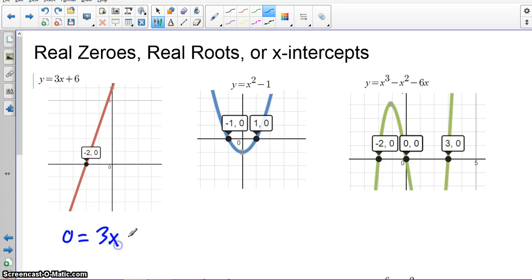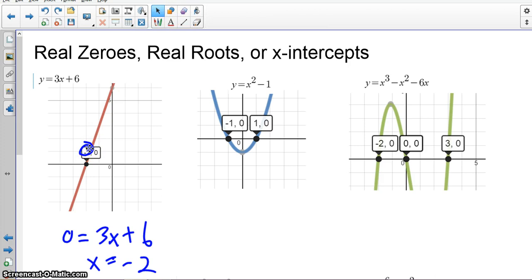We've been doing that since Algebra 1, for linear equations especially. Subtract 6 from both sides, divide both sides by 3, and you get x equals negative 2. And that's exactly what it says here. There's your negative 2. So if it's a linear equation, it's not even an Algebra 2 problem, it's an Algebra 1 problem. So that's why we're not really going to do much with it.